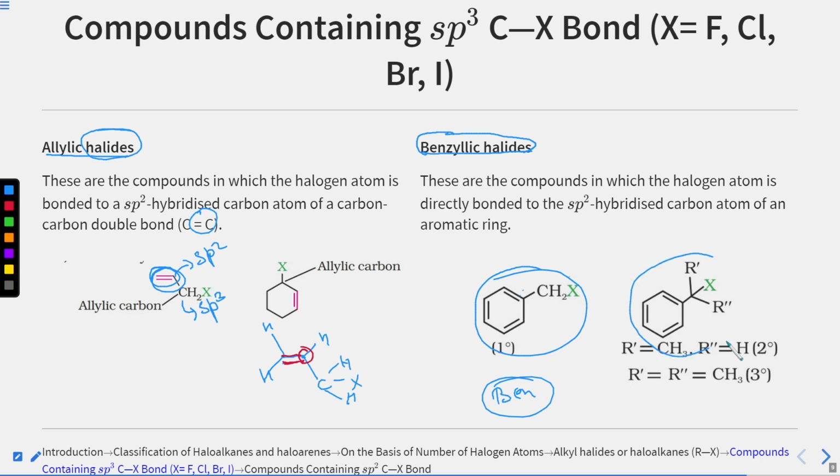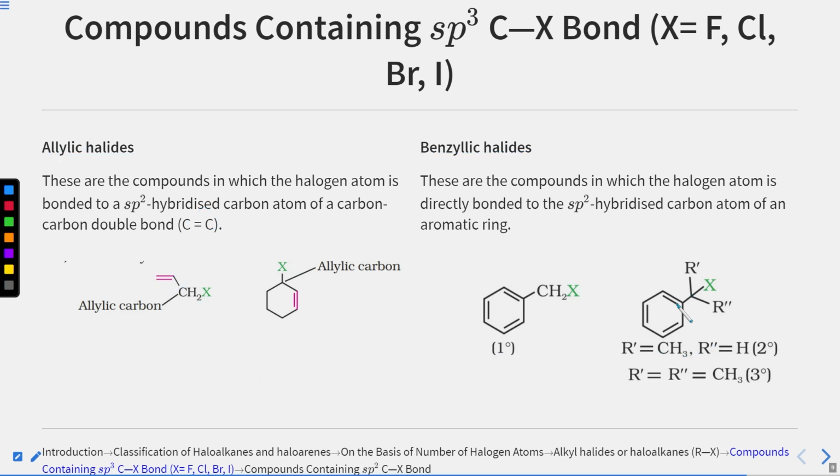Now we have one more example here. In this case we have this X attached to a carbon and this carbon is attached to a carbon which is a part of the ring. Now what about the carbon that is present here? What type of carbon is it? Primary, secondary, tertiary? If you look here, this carbon is attached to 1, 2 and 3 carbons, and suppose this R and R dash are CH3.